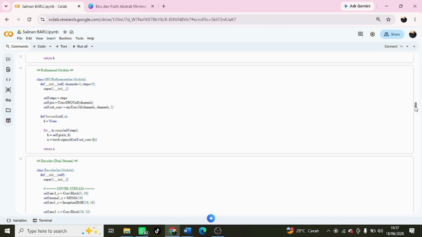After the refinement process is complete, a 1x1 convolution layer and a sigmoid activation function are used to generate the final output. Through this iterative refinement process, the model is expected to generate stego images with better visual quality and alterations that are more difficult to detect.